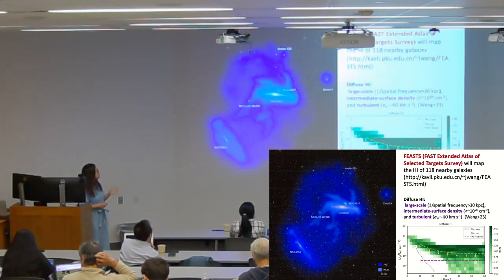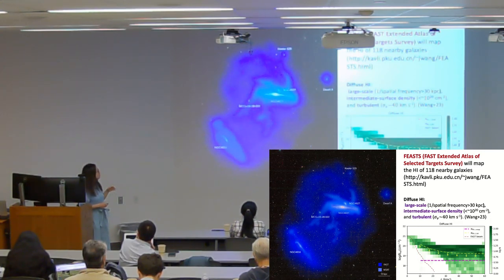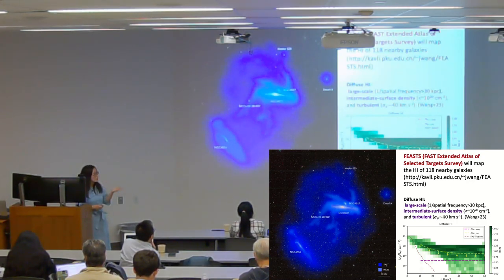And with the FAST telescope, we were able to uniquely identify a diffuse H1, which has a spatial scale larger than 30 kiloparsec, quite a large scale, has a relatively high surface density, around 10 to the 20, and is quite turbulent with a velocity dispersion around 40 kilometers per second. Usually the textbook velocity dispersion for H1 in a galaxy is around 10 kilometers per second. So it is really turbulent.